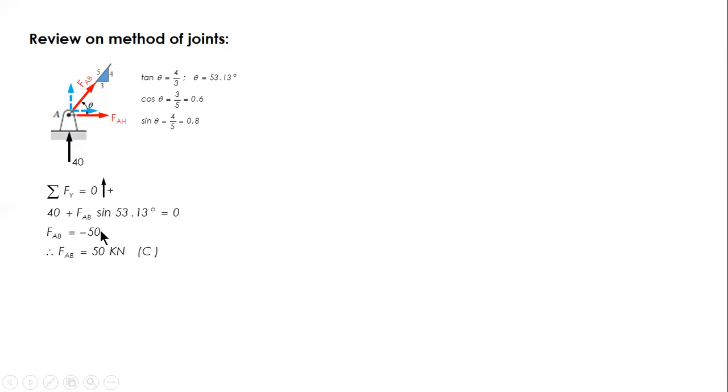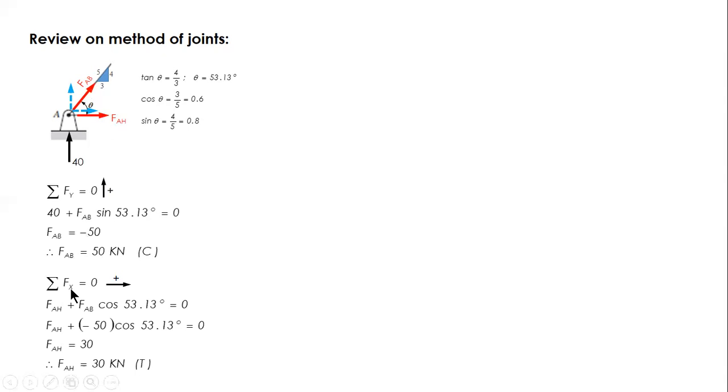Since I assumed tension, by the way, the usual practice is if the force in a member is unknown, assume it is tension. Later on, when you solve and it is negative, just conclude that it is compression. So in this case, since it is negative, member AB is in compression.